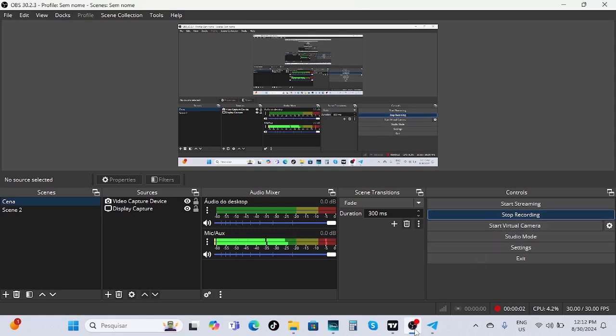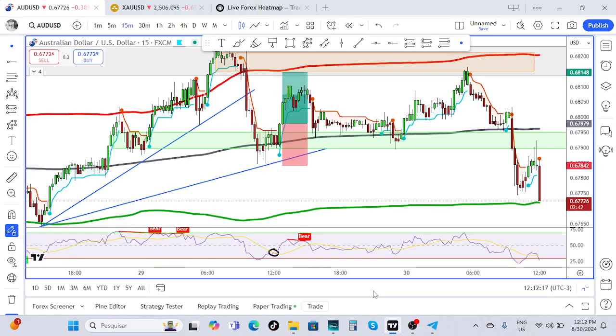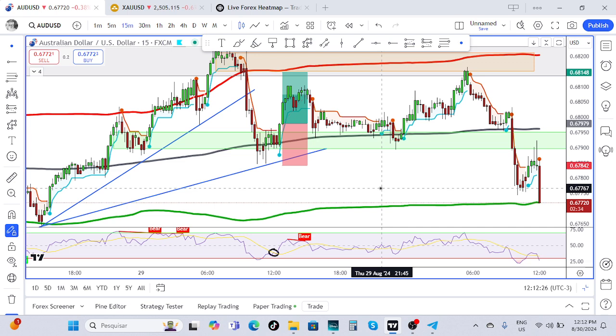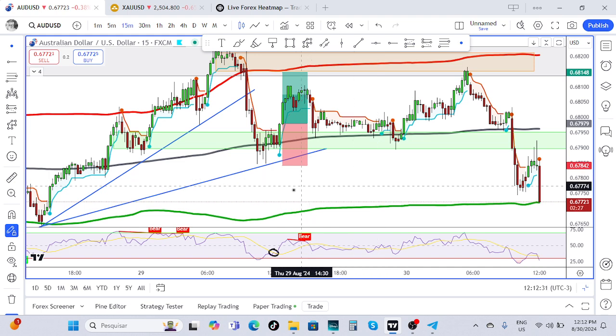All right, so back to AUD USD analysis. So yesterday, about 8:45, I think, something like that. I don't really know. Let me look at it right here. This was the time.